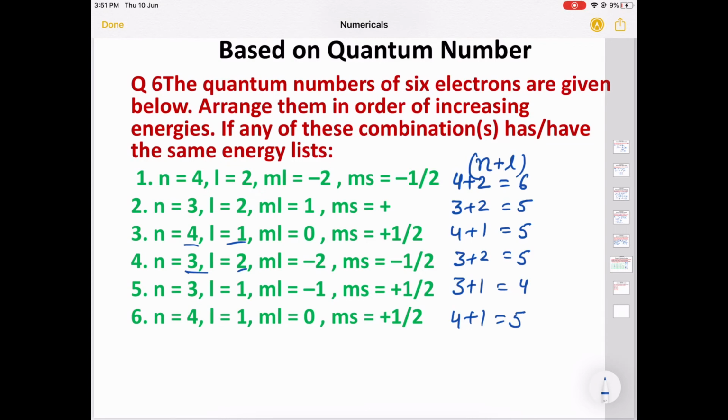So the minimum energy is for this orbital. These all have n plus l 5. So if two or more orbitals have the same value of n plus l, in that case we consider the value of n. Lesser the value of n, lesser is the energy of the orbital.